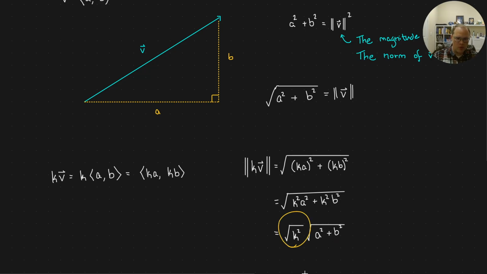So what's the square root of k squared? Now do be a little bit careful here. It's very common to say, oh, square roots and squares, they cancel. It's not quite true. It depends on the sign of k, right? Because if I have the square root of 2 squared, well, 2 squared is 4, and the square root of 4 is 2. Great. Square root and square cancel. Okay?